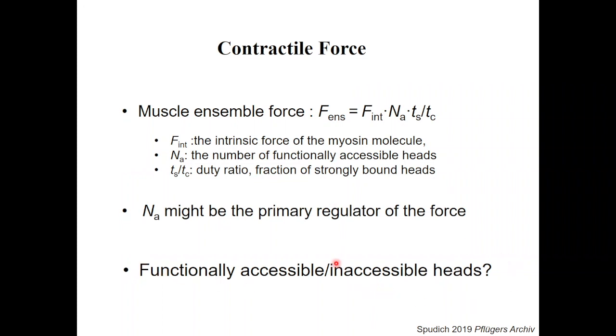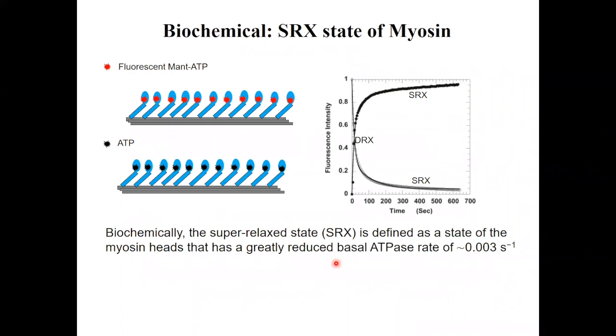The earliest evidence for thick filament regulation was brought by Roger Cook, when he proposed a super relaxed state of myosin. Under resting conditions, myosin also hydrolyzes ATP. If we replace the normal ATP with fluorescent mant-ATP and then wash it off with regular ATP, you get a fluorescence signal decay that can be fitted with two exponential functions.